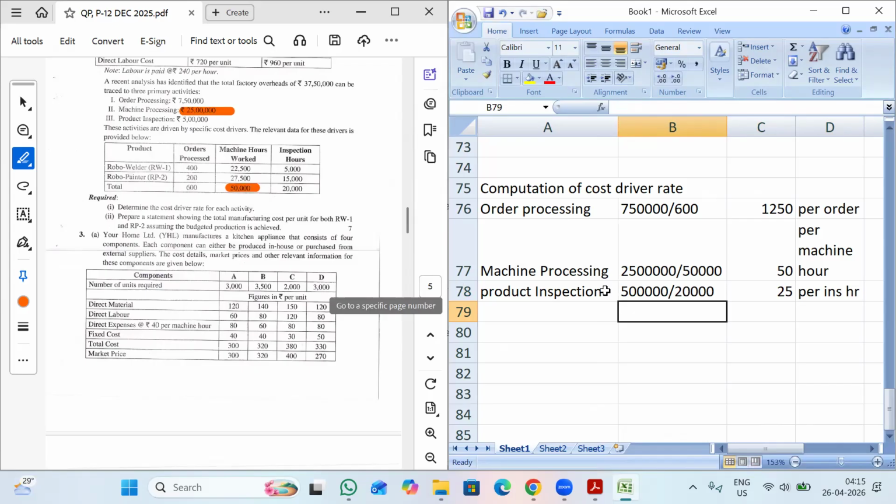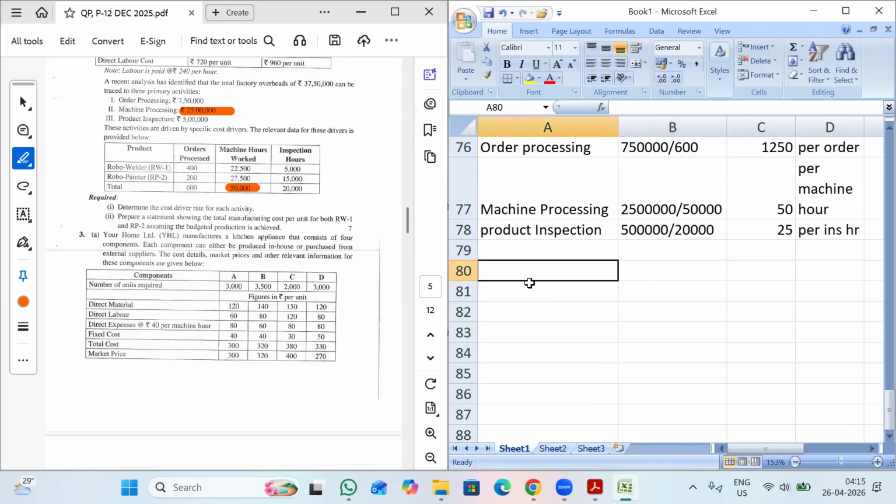Total manufacturing cost. So statement of manufacturing cost per unit. So this is based on activity-based costing.